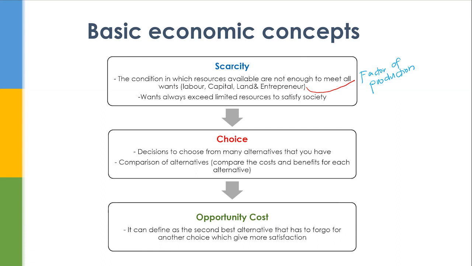Okay, the factors of production, I want to explain a bit. What is labor? The services contributed by people in the production process that involve both mental and physical effort. Because of people, we need labor.